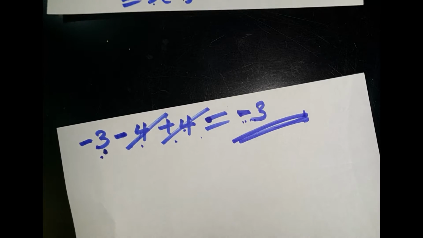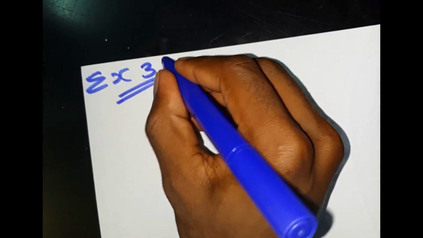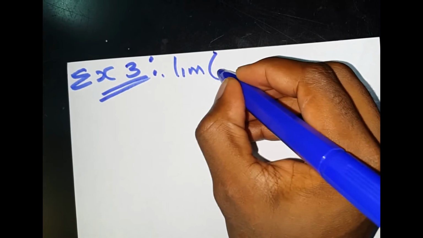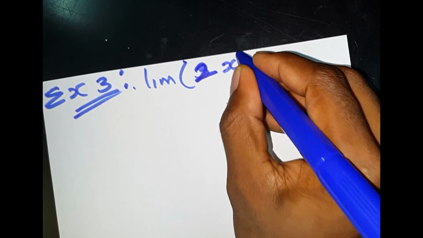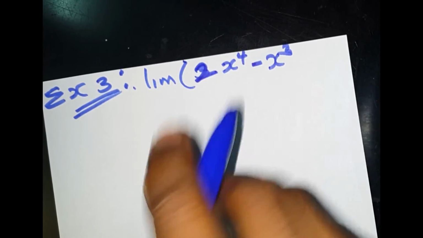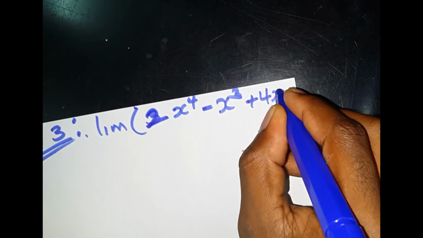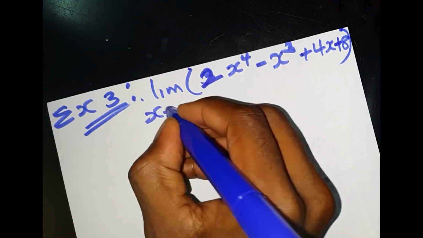Let's solve another example. Example 3. We are asked to find the limit of 2x to the 4th minus x cubed plus 4x plus 8 when x tends to 2.